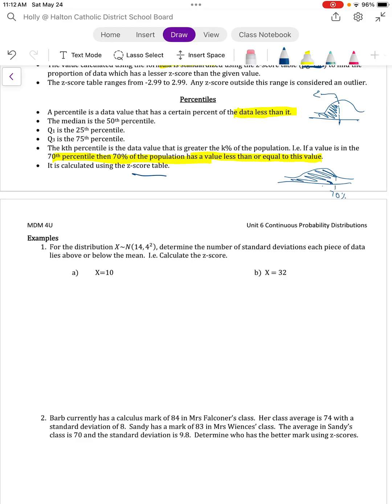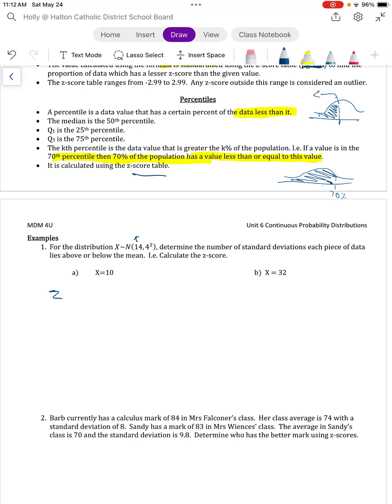So for the distribution X equals N(14, 4 squared), our mean is 14 and our standard deviation is 2. I don't know why I wrote 4 there, but it's 2. So let's use our formula.